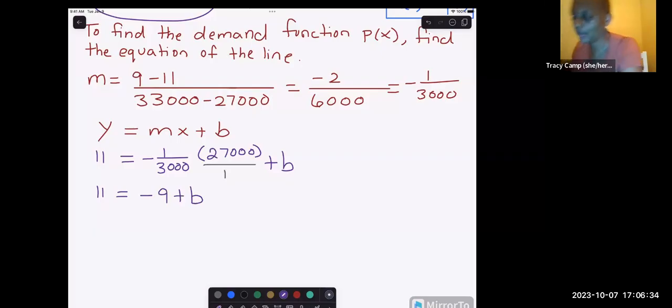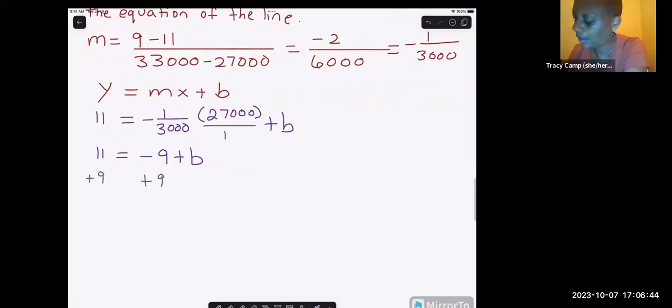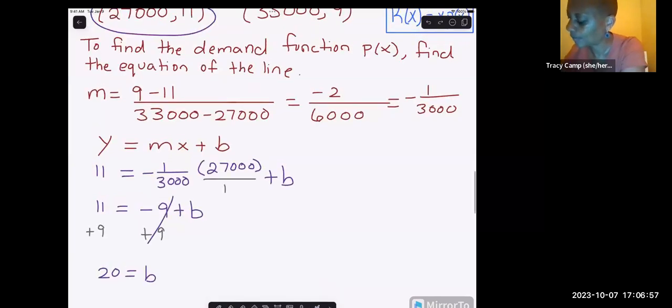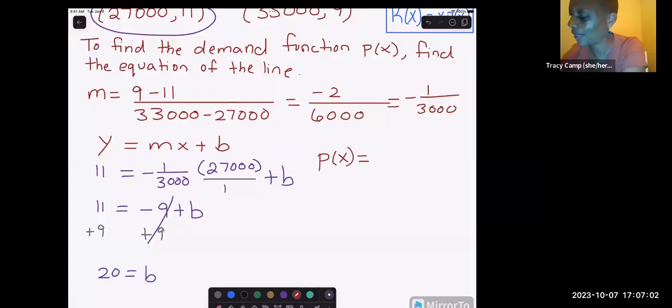That's so nice, isn't it? And then from here, I'll just add 9 to both sides to get my b. So I end up with b equals 11 plus 9, which is 20. So my demand function is P of X, so that's my y, equals my m, which is -1 over 3,000, X plus my b, which was 20. That's my demand function.